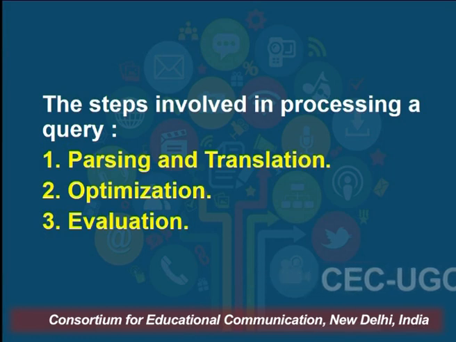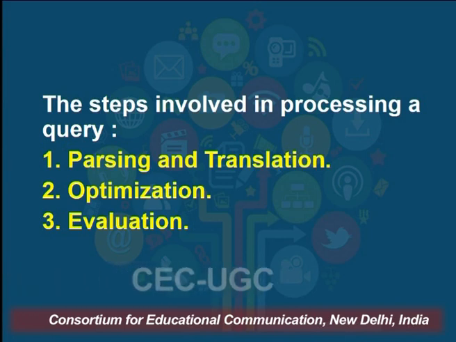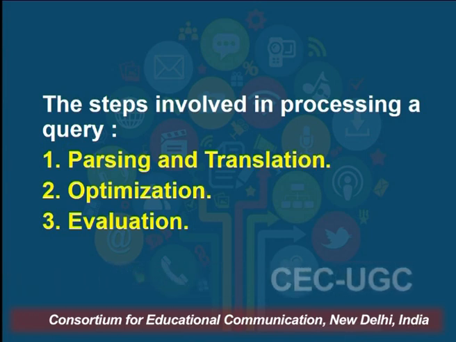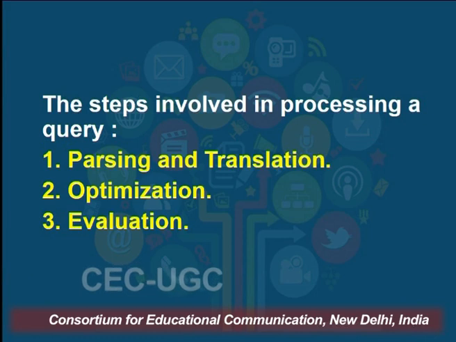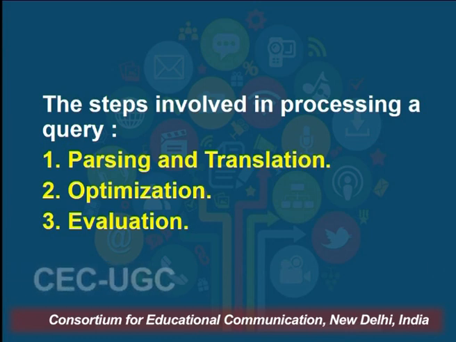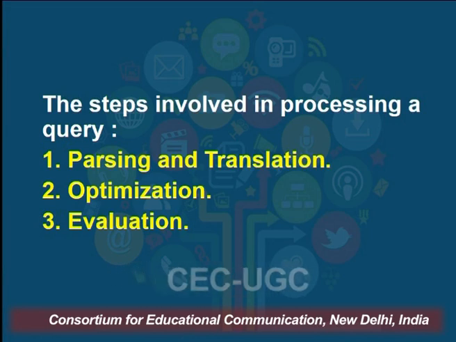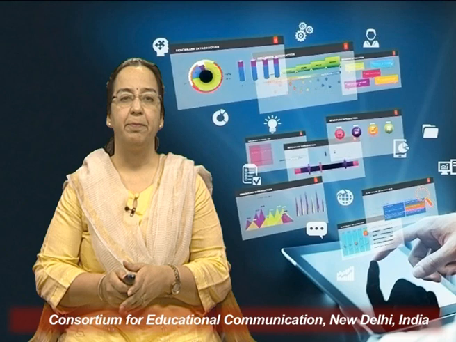As I have told you, a single query can be executed in various ways. One can be costly in terms of resources, another could use resources in an optimized manner. So optimization is required, and finally we need to do the evaluation. These are the steps involved in the processing of a query.